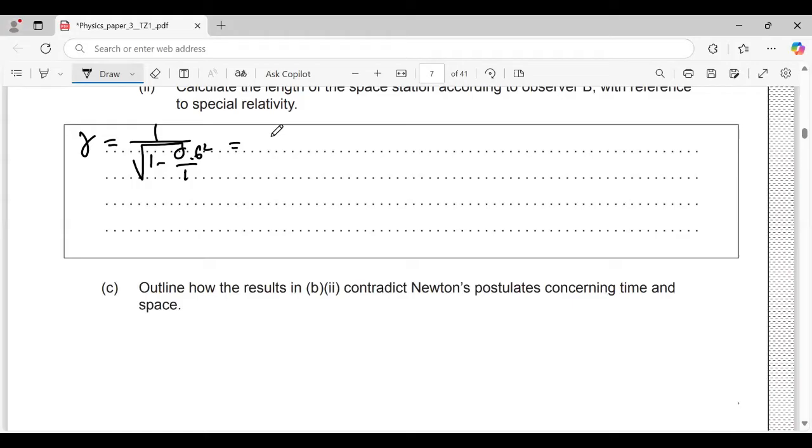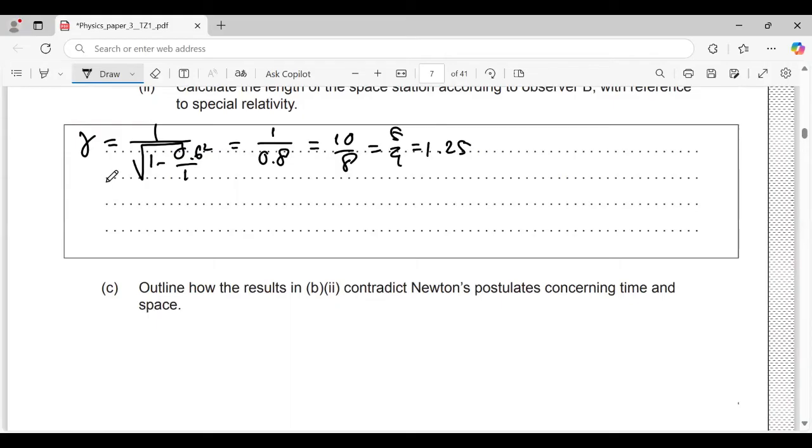If you calculate, it will be 1 over 0.8, and it is 10 over 8, 5 over 4, 1.25.